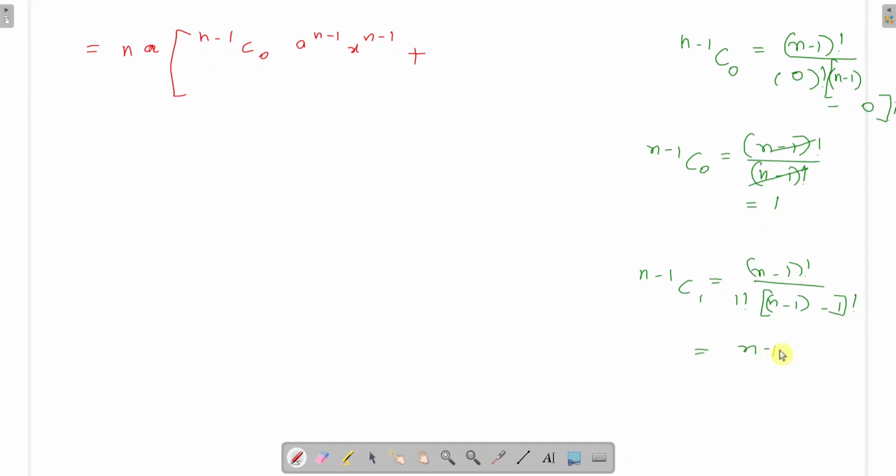So that is nothing but n minus 1 factorial divided by 1 factorial, which is 1, and here we will get n minus 2 factorial, right?